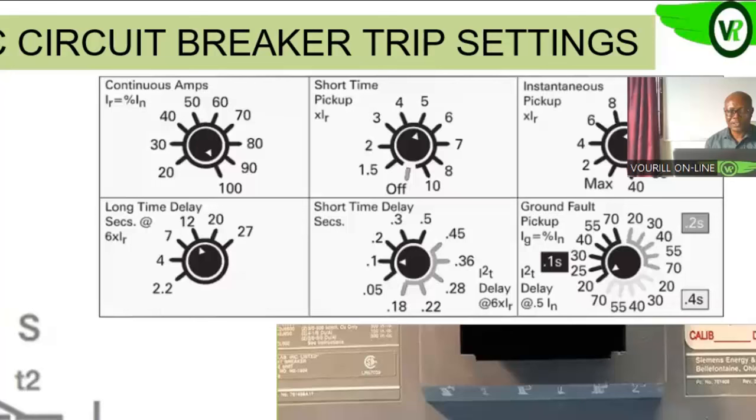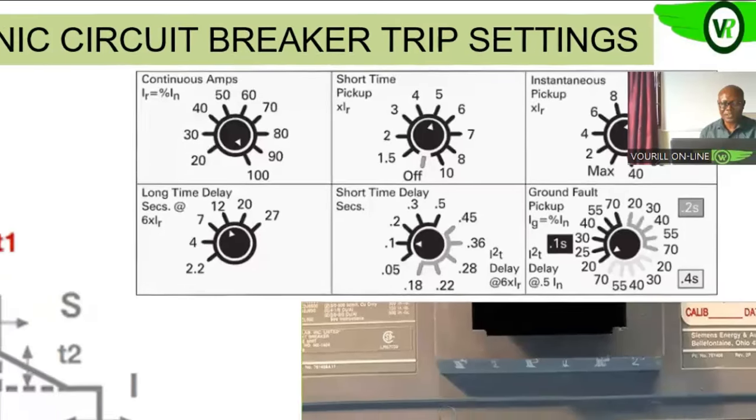What this is telling us is that we can use the circuit breaker as a 200 amps, 500 amps, 800 amps, or even 1,000 amps breaker, okay? So we can vary the ampacity, or the current carrying capacity, of that particular breaker.